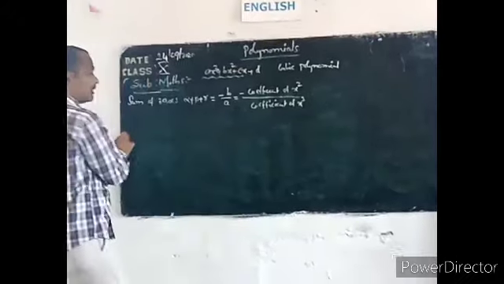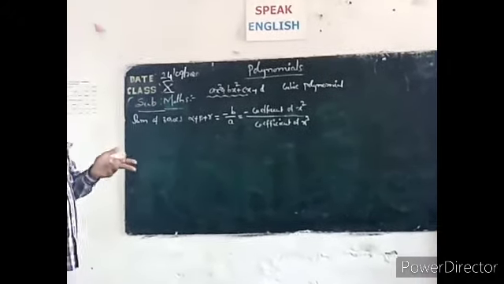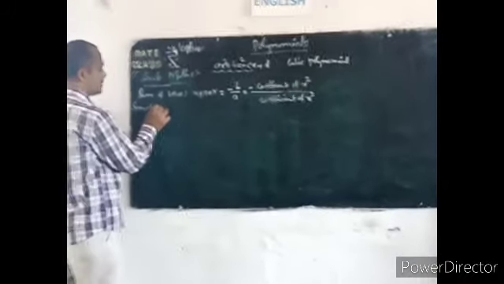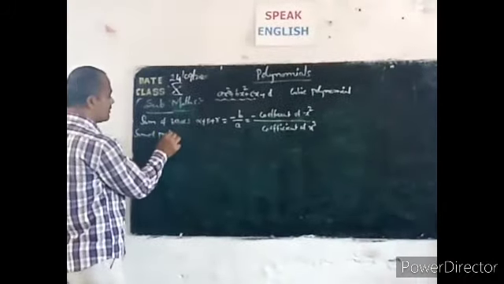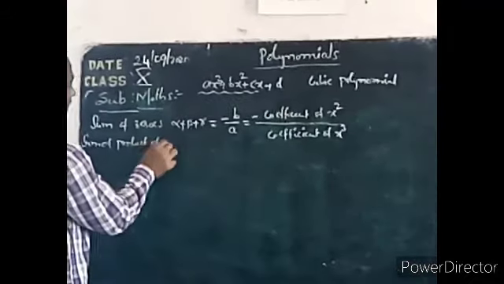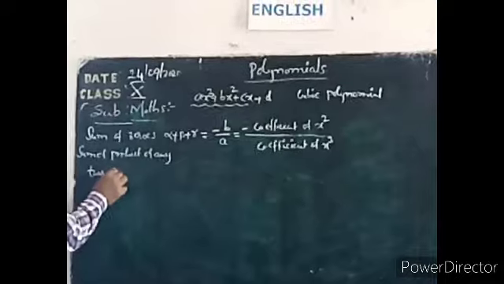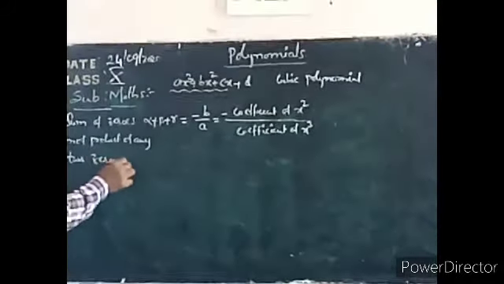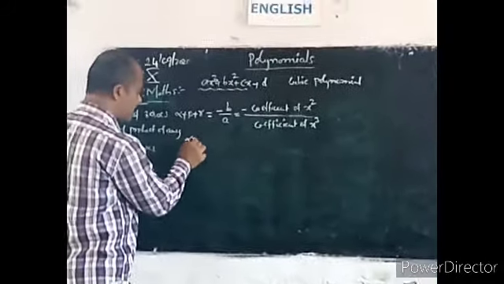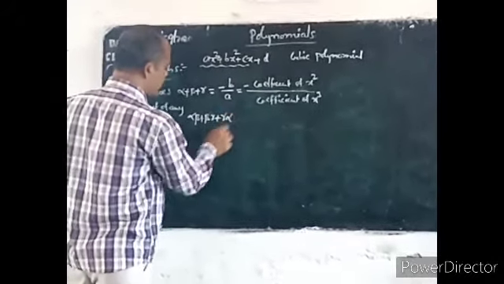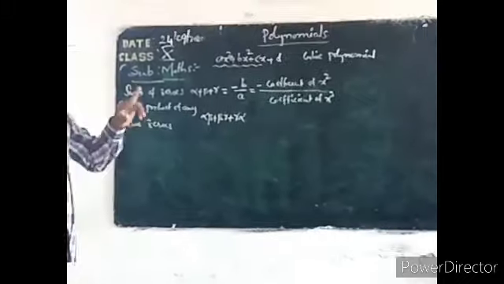Next, the sum of the product of any two zeros is alpha beta plus beta gamma plus gamma alpha.